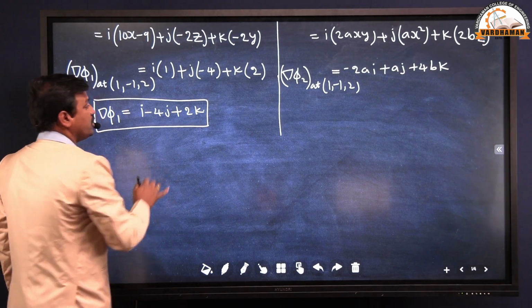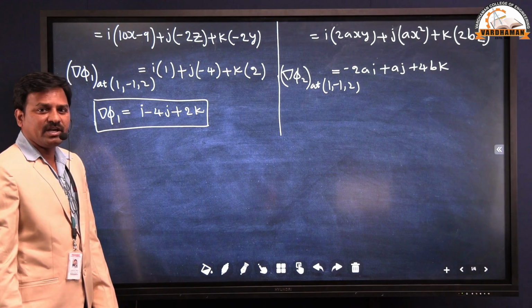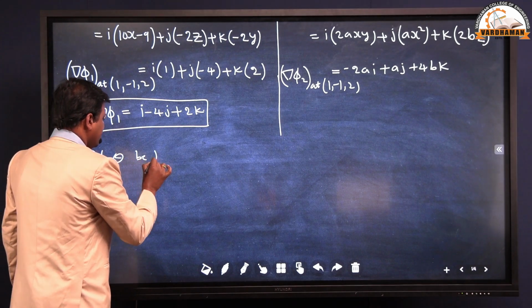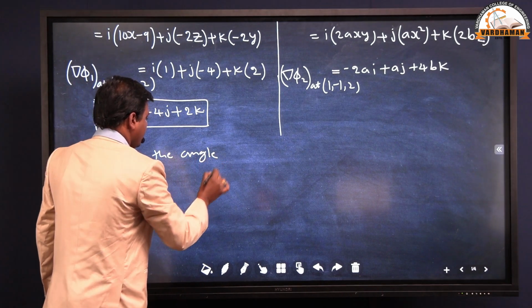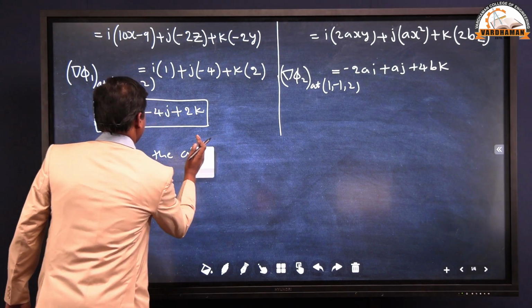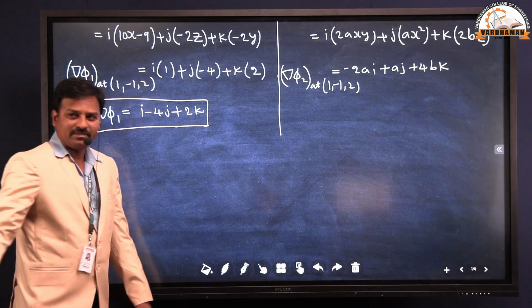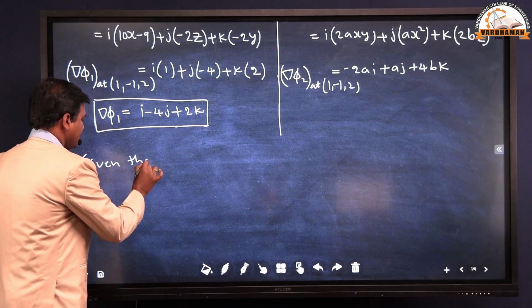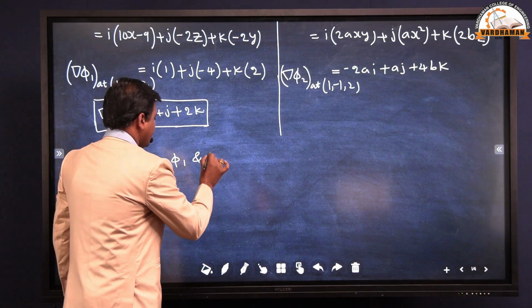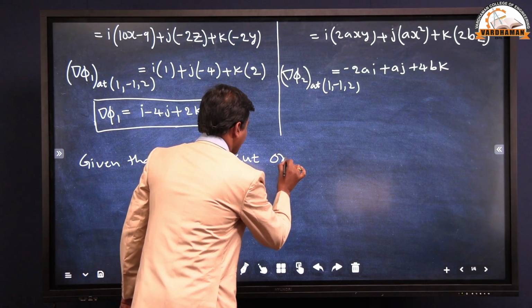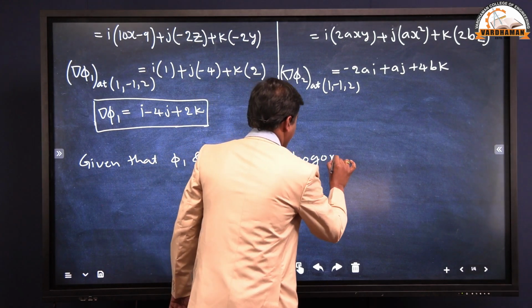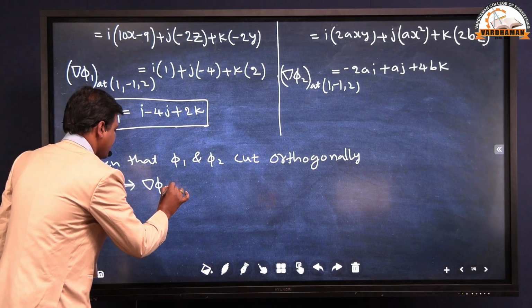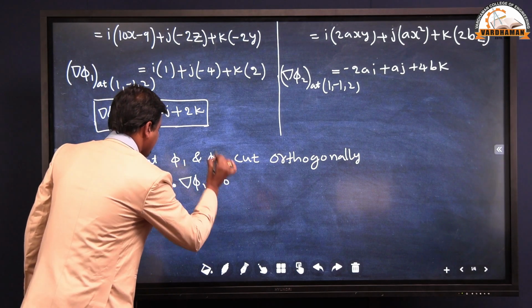Given that phi 1 and phi 2 cut orthogonally, then del phi 1 dot del phi 2 equal to 0.